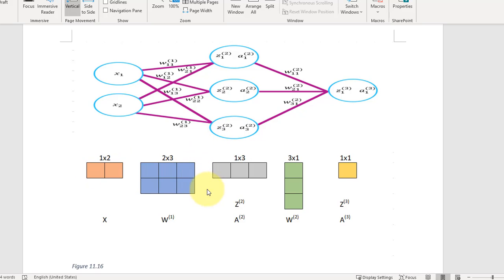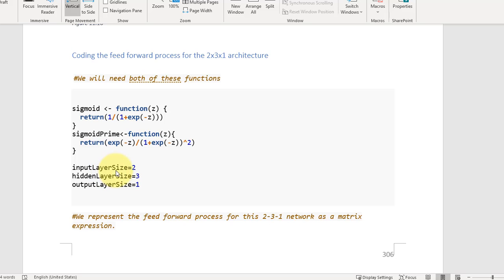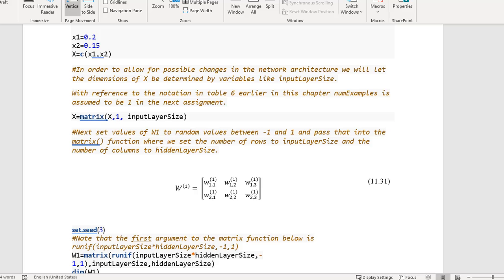Of course, if we had one more column here, this one times that last column would give us what we need for the next node. So that's an argument for why the size of the matrix is the number of inputs, the input layer size, times the hidden layer size.